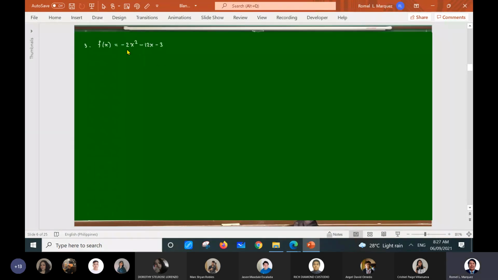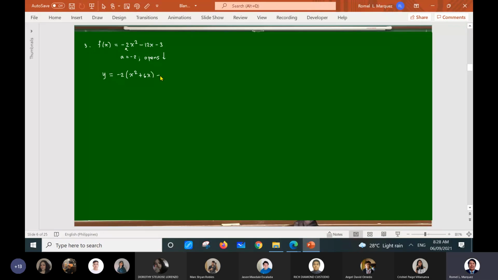So again, this is a quadratic. Notice that a here is -2. So this is the coefficient of x squared. So automatic, this opens what? Opens downward. Okay, guys? So let that be equal to y, and this is factoring out -2 from the first two terms. We get x squared plus 6x, okay?